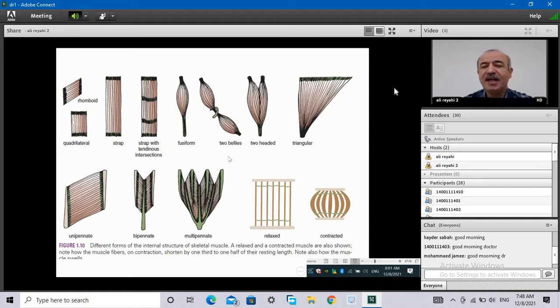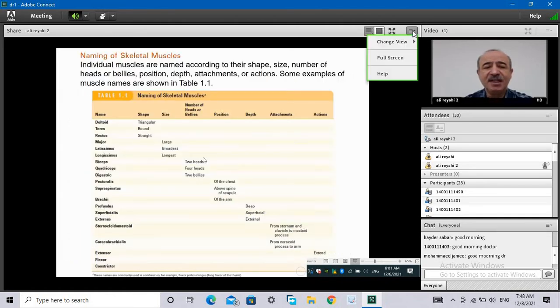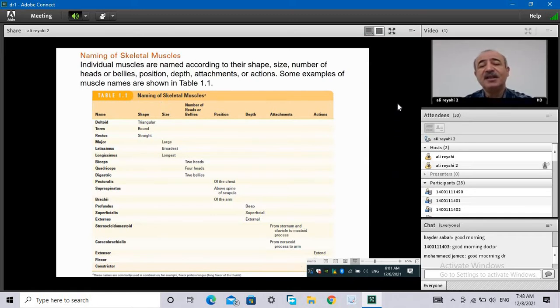Okay, and if you remember, in the previous lecture we reached this table, the factors we use for naming of the skeletal muscle. So this table describes the naming of a skeletal muscle. There are different factors for naming a skeletal muscle. What are these factors?